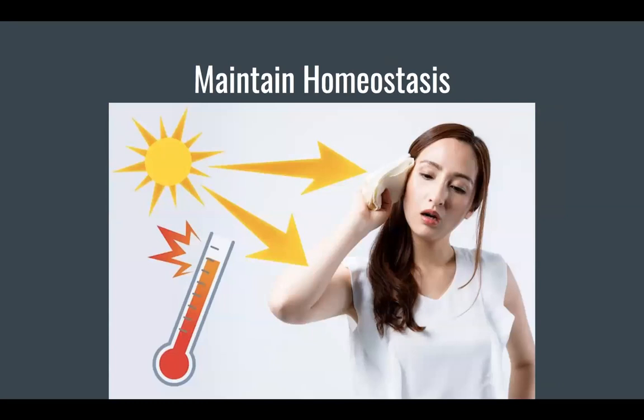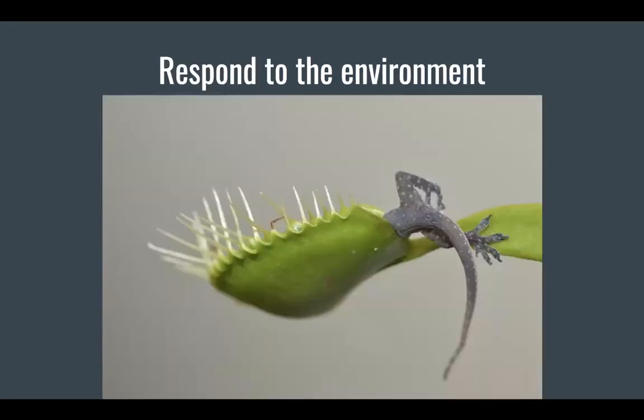Maintains homeostasis, which is the internal optimal conditions, perhaps temperature, perhaps amount of food energy, perhaps amount of sleep versus wakefulness. It will maintain homeostasis. It will respond to the environment.